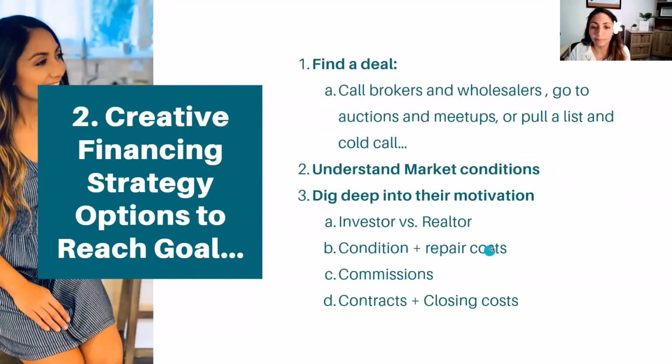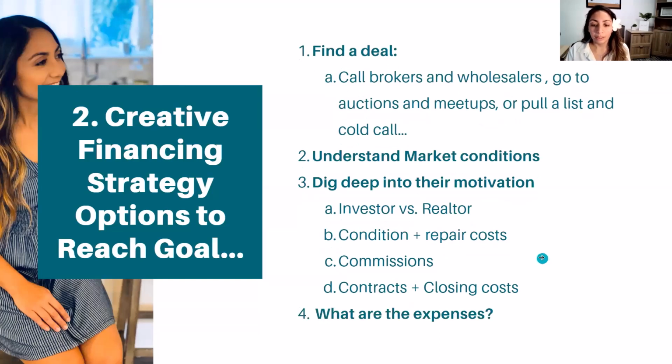Understand the market and dive deeper into what their motivation is. A lot of times when you're dealing directly with a seller, they may be going through a distressed situation, which may make them more open to certain strategies.